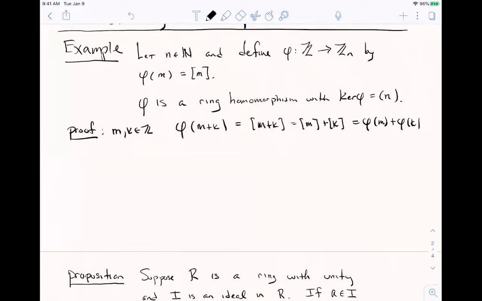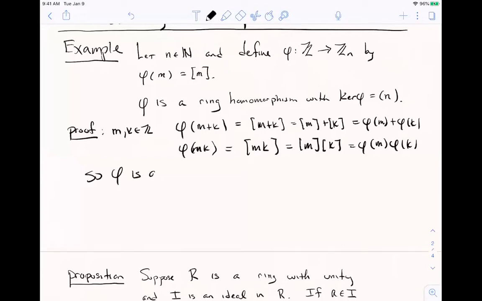And if you bought that, the multiplication is going to go the exact same way. Phi of m times k is the class containing m times k. Multiplication mod n is also well defined, so that's the product of those two classes. So that's phi of m times phi of k. That shows phi is a ring homomorphism.